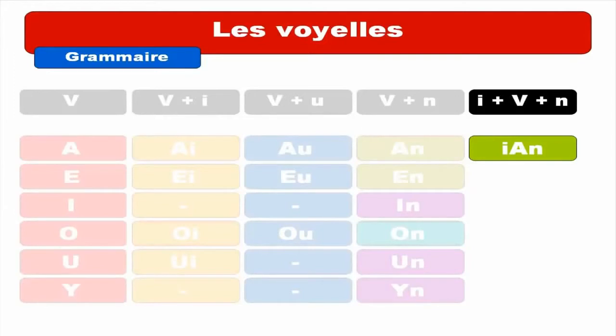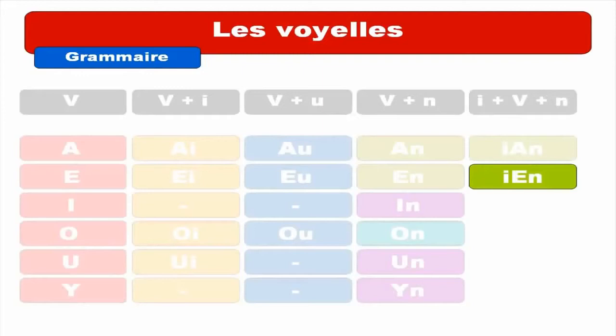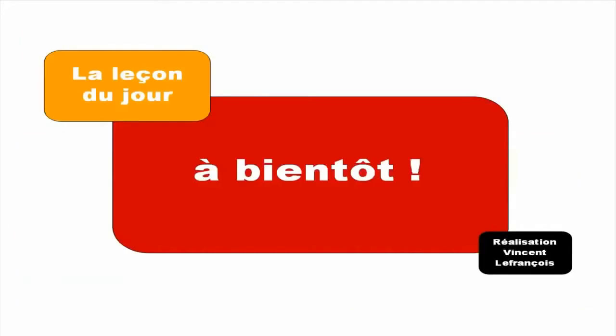So you get this yan, yan. Repeat. Yan. Okay? And then you get this yin, yin. Repeat. Yin. Okay? Nothing there. And then yon, yon. Repeat. Yon. Okay. That's it. Alright.